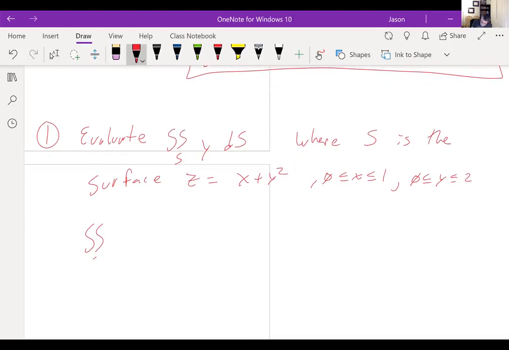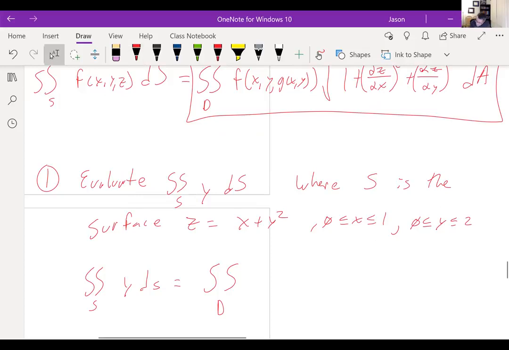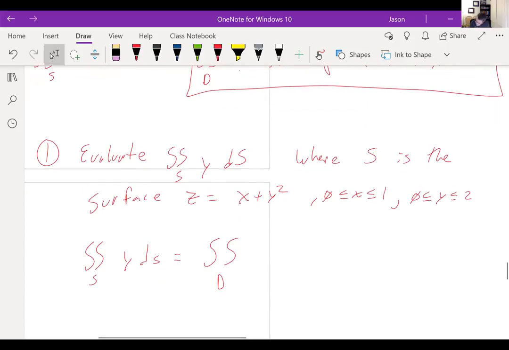We're going to take the surface integral of y dS over the domain D. So this is y, f of x, y, g of x, y. I didn't have to change anything there.